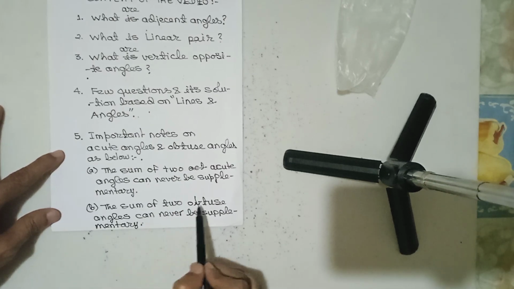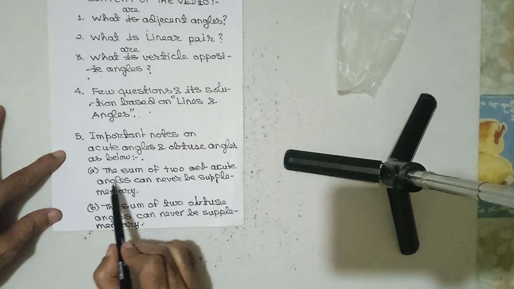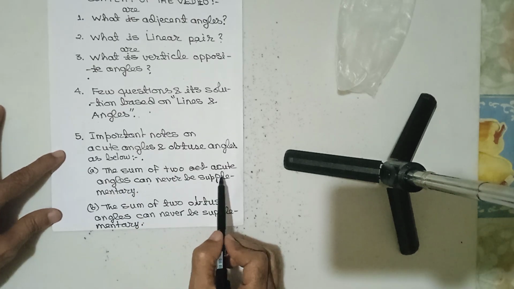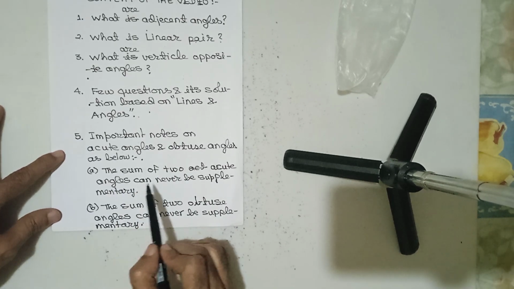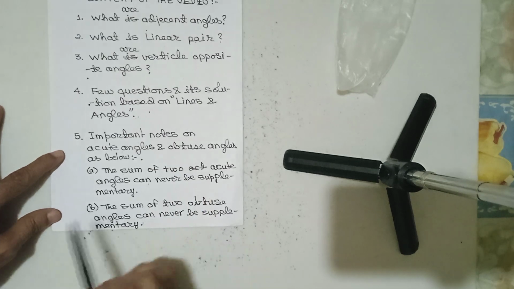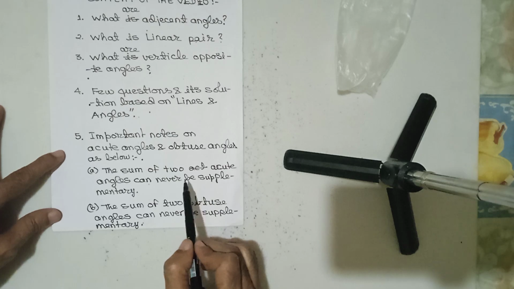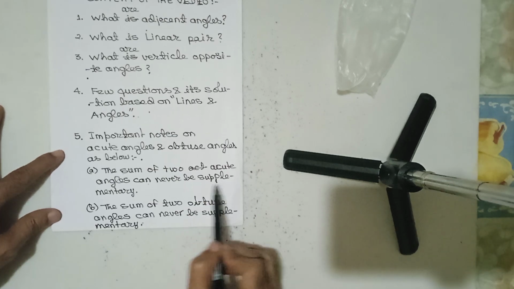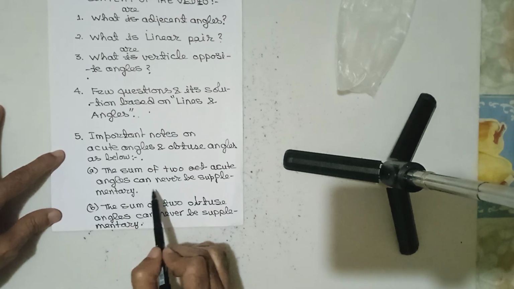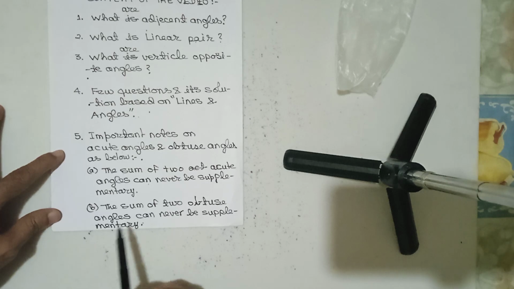I have told you that an acute angle is less than 90 degree. So take any two angles less than 90 degree but more than 0 degree, and you will get that they cannot be supplementary. It means their sum cannot be equal to 180 degree.